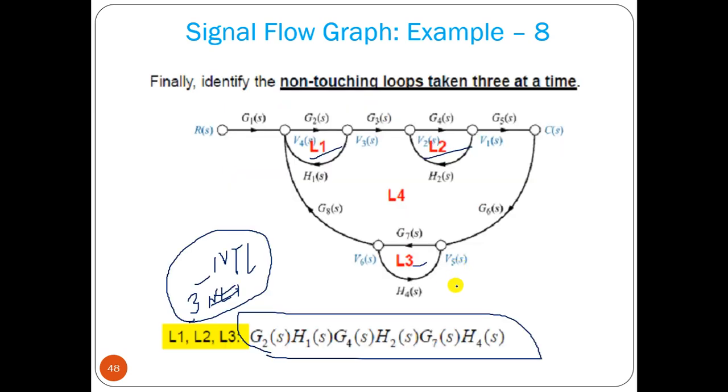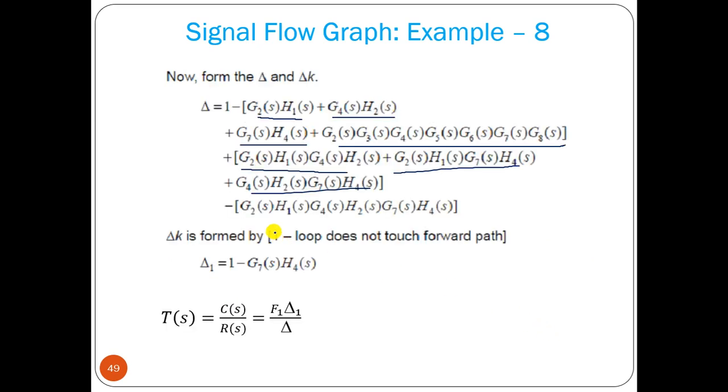Then what you have to do is subtract the 3 non-touching loop gain, L1, L2, L3. So here this minus term comes. That is why minus, because this is the 3 non-touching loop gain. So this is the delta value.